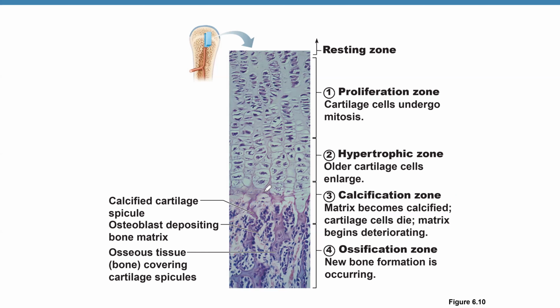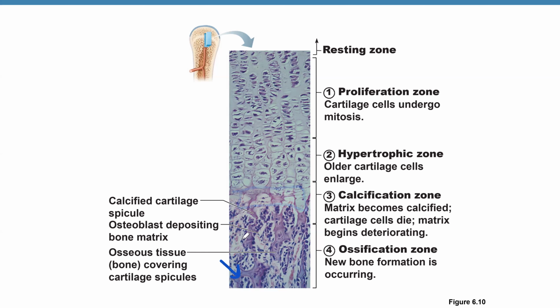These cells depend on diffusion to receive oxygen and nutrients and get rid of carbon dioxide and waste products. If you have hard matrix surrounding cells that depend on diffusion, the cells will die, right? That's why cartilage cells die, and the matrix begins deteriorating. And so the cartilage dies.